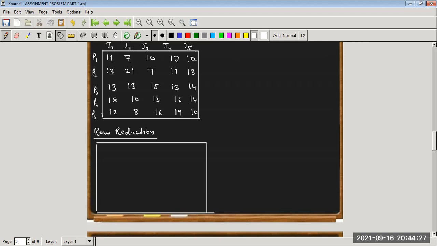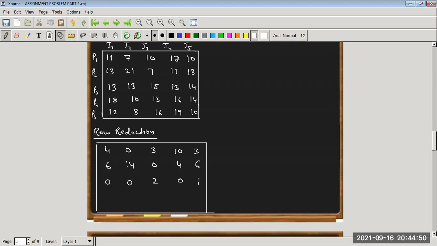In the first row, 7 is the minimum, so we get 4 0 3 10 3. In the second row, again 7 is the minimum: 6 14 0 4 6. In the third row, 13 is the minimum, so 0 0 2 0 1.